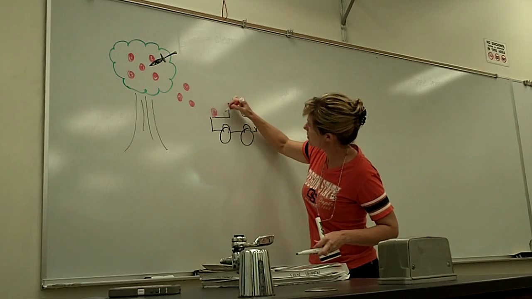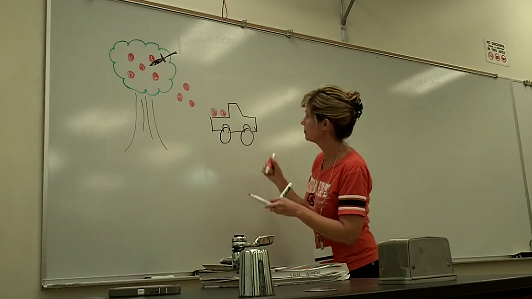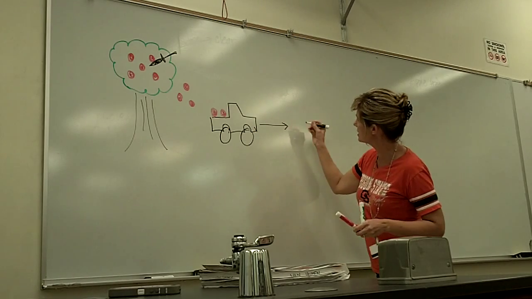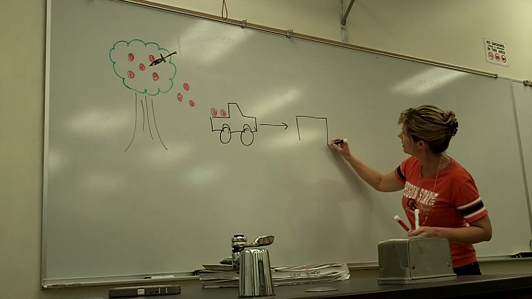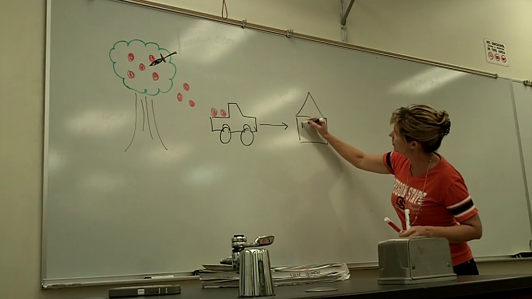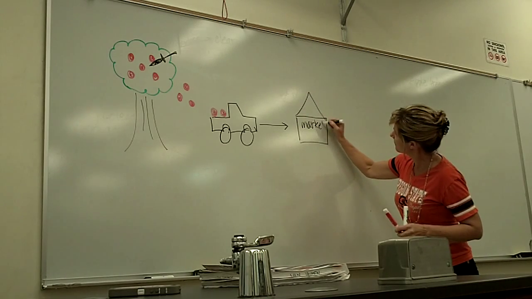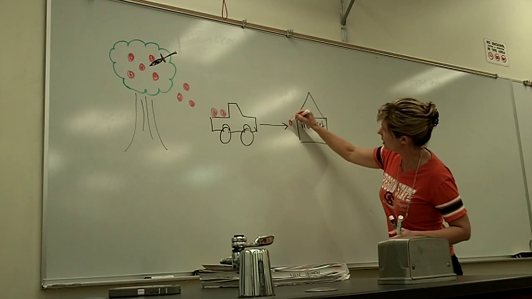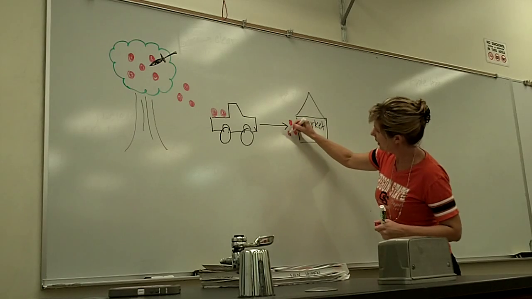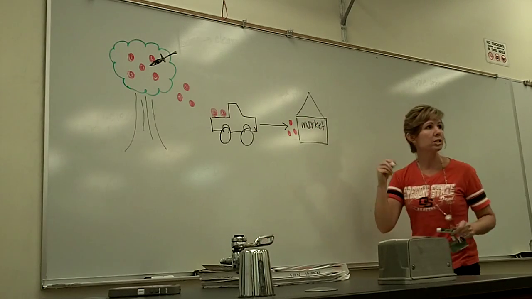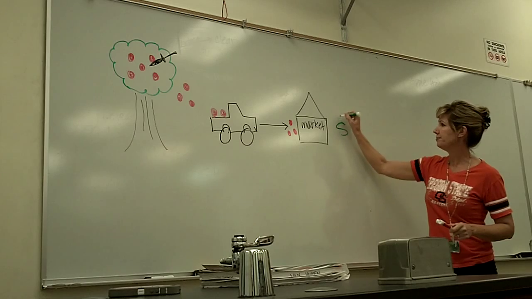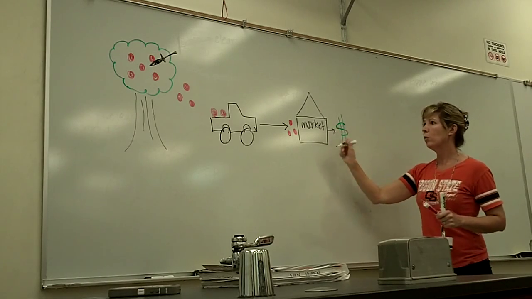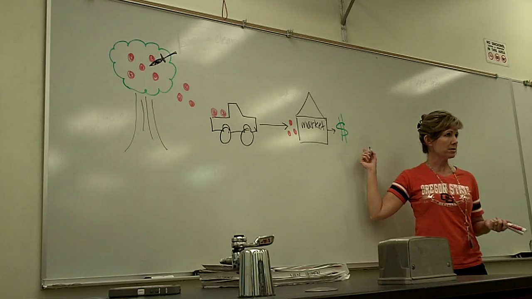So here's your transport vehicle, and they make the way to the market, and at the market the apple farmer will then trade their apples for what they want, which is money. So this is just transforming one resource to another resource.